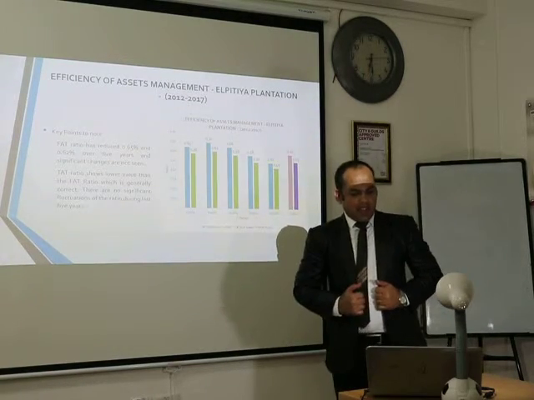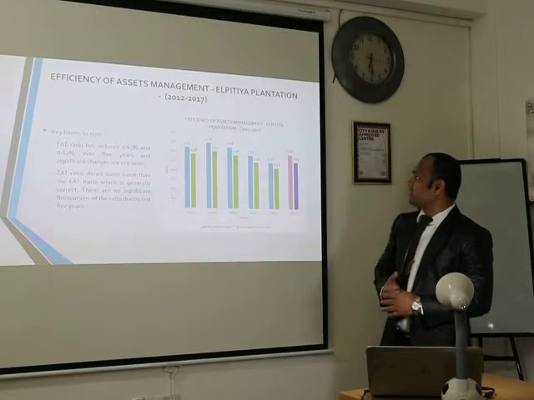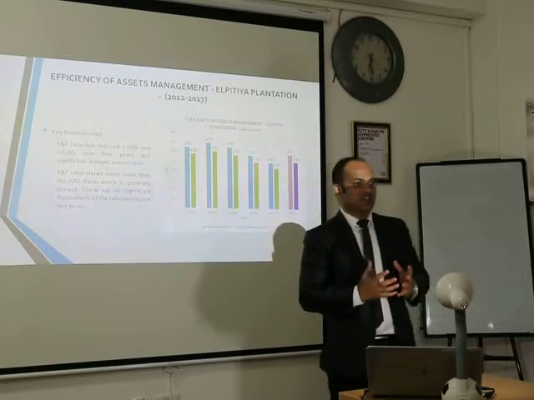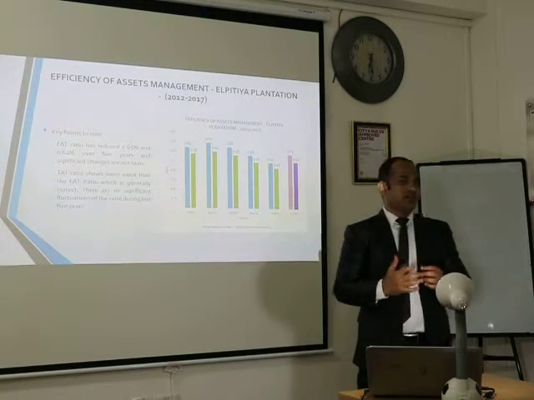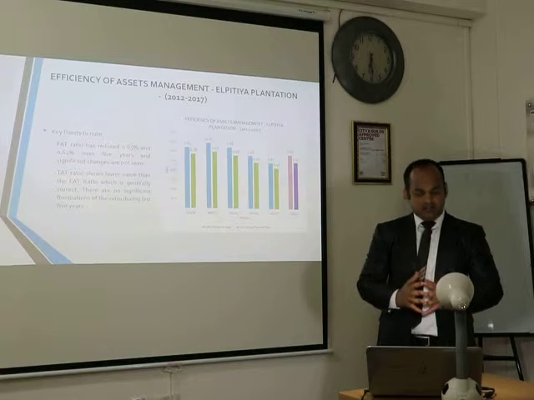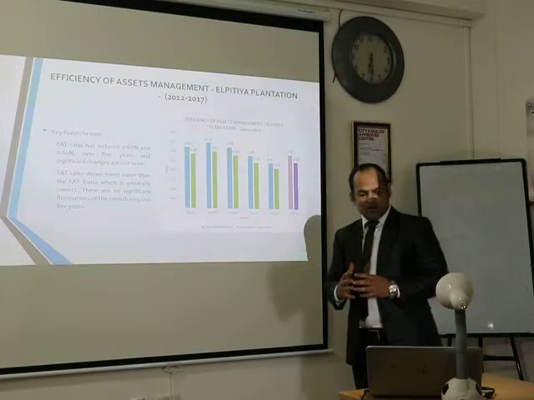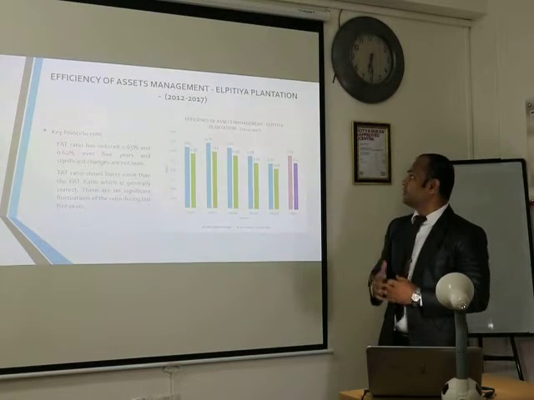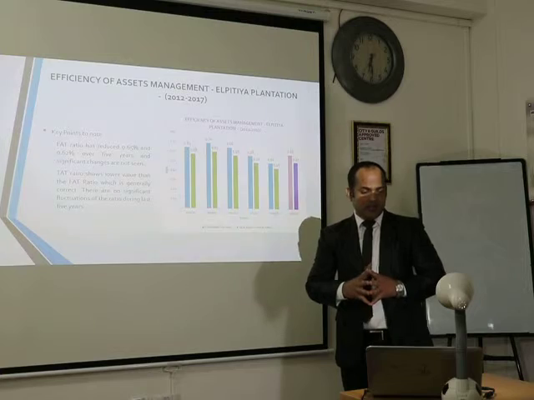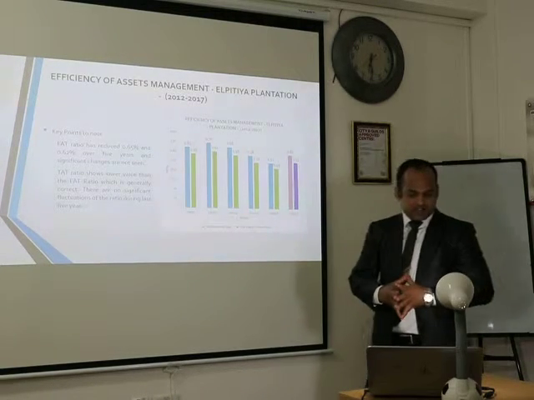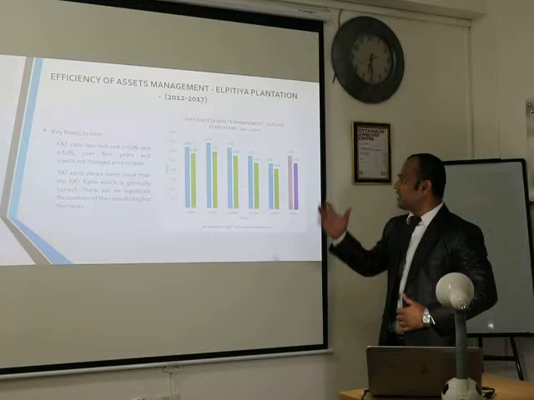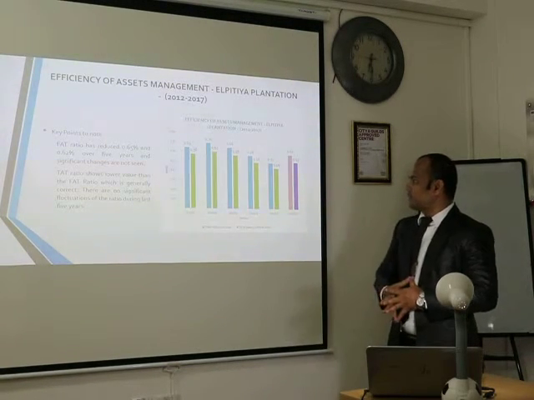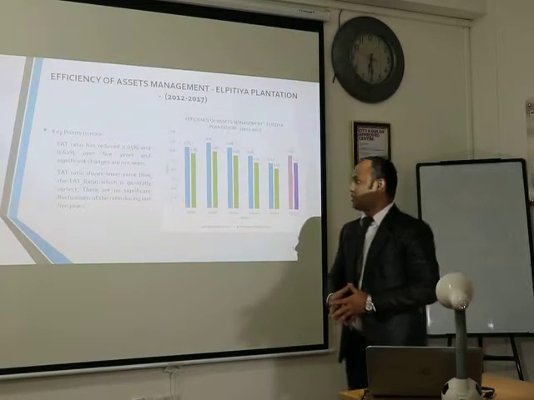And the next area is how the organization manages its assets and what the achievements are, the profitability turnover which was achieved by its fixed assets and other assets. This was analyzed by two ratios mainly: one is the fixed asset turnover ratio and the other is the total asset turnover ratio.